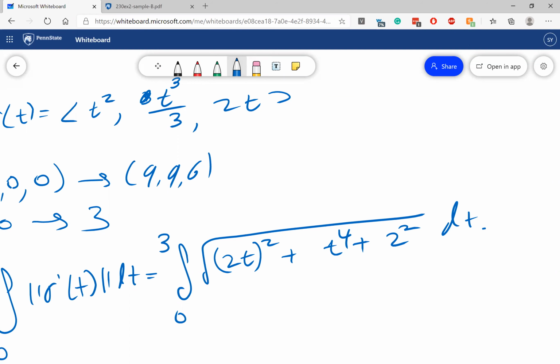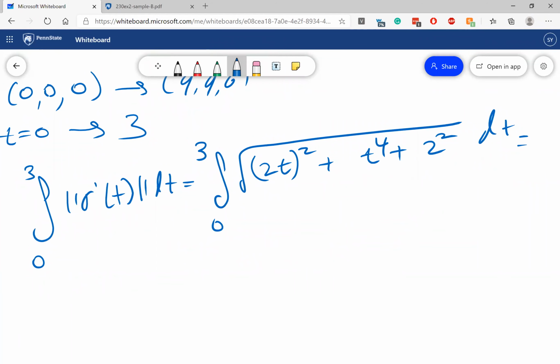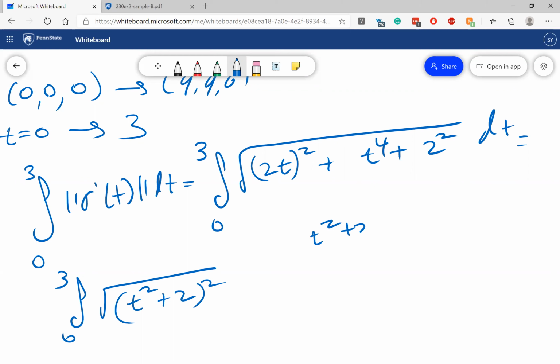Okay, now this is going to give us the integral from 0 to 3 of the square root of t squared plus 2 squared. Okay, t squared plus 2 times t squared plus 2. Yeah, that would be it.